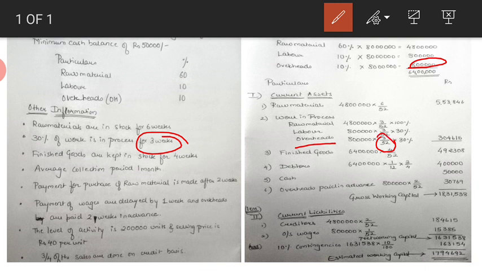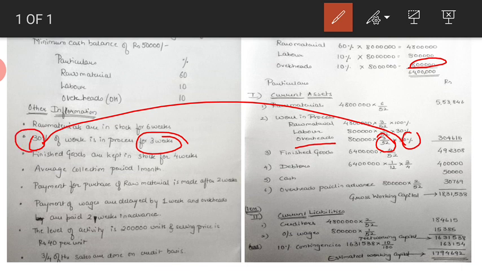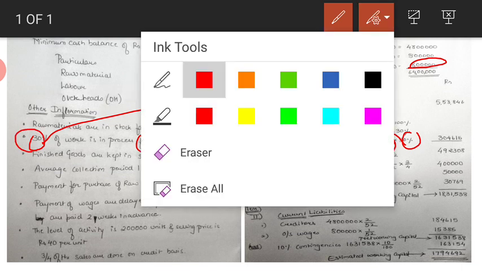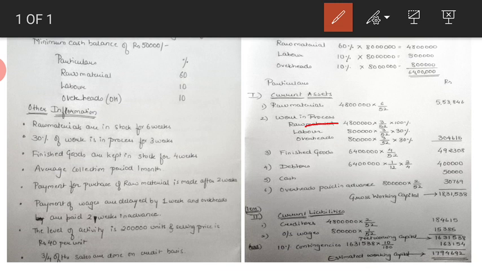So into 3 divided by 52 into 30%. Why 30%? Again, because 30% of the work is in process. So once we do this calculation of raw material, labor and overheads for work in process, we have to take the total of this. We get 3,04,615. So 3,04,615 is the working capital required for work in process.